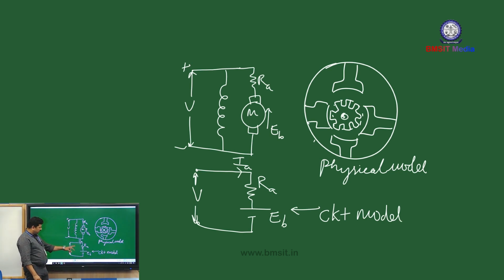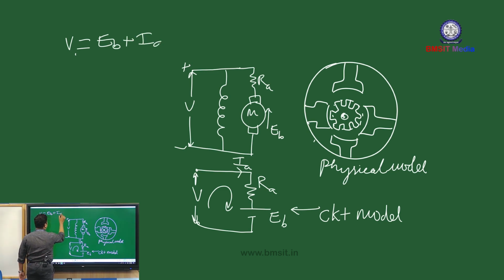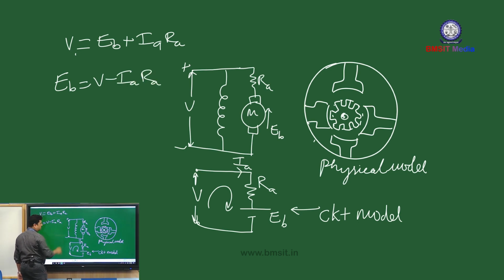Now, if I want to represent this circuit in the form of a mathematical equation, I can simply apply KVL here and write V equals Eb plus Ia Ra, or I can write Eb equals V minus Ia Ra, or I can write Ia equals (V minus Eb) divided by Ra.